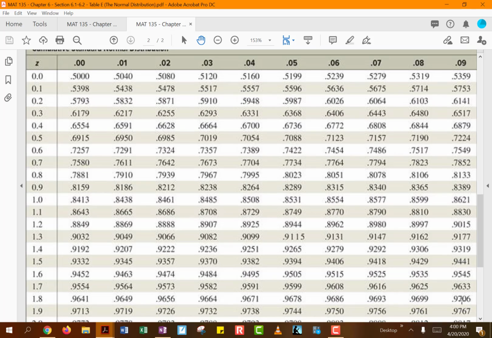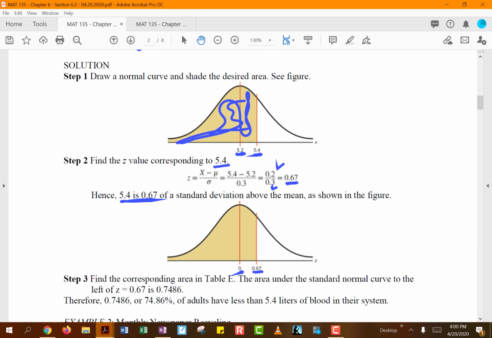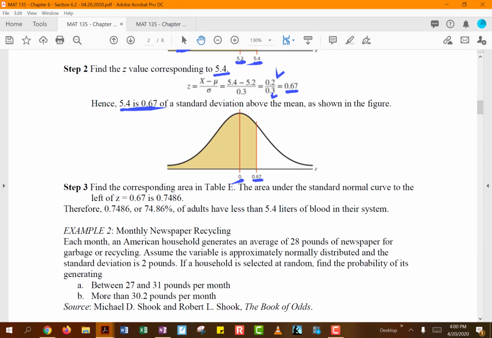Okay, so this is positive 0.67. So we look at 0.6 here on the left column, and then for the 0.7 we go to the top row, and this one of course seems to be intersecting at 0.7486. So coming back to our example, you will see that you have an area of 0.7486 corresponding to this z-score.